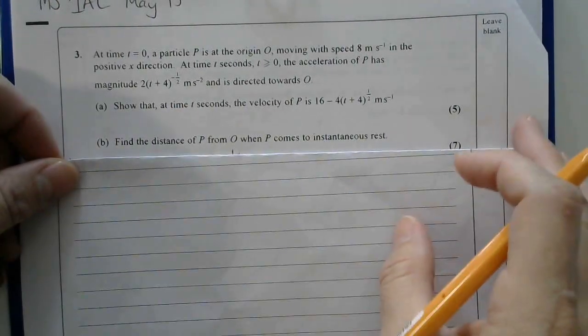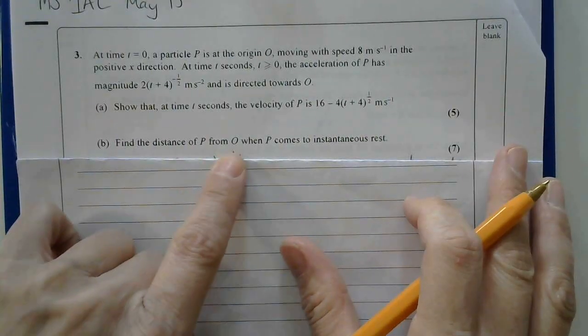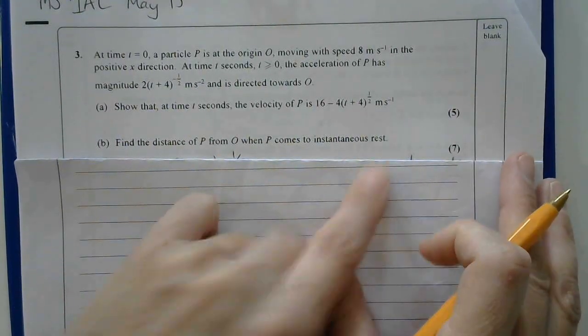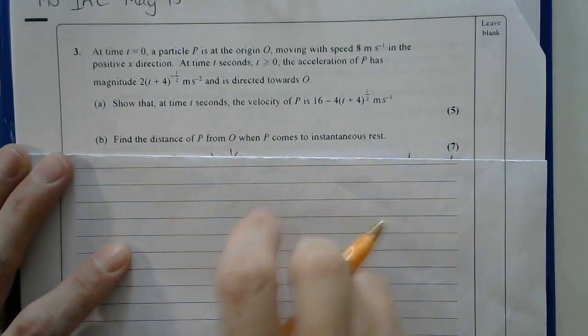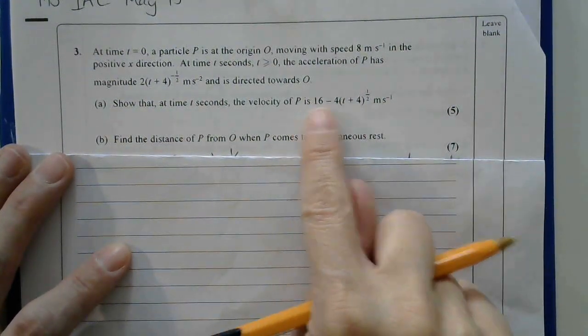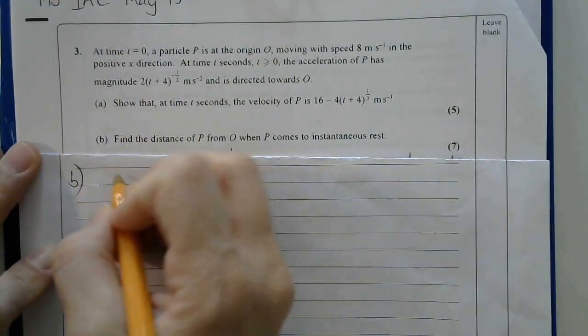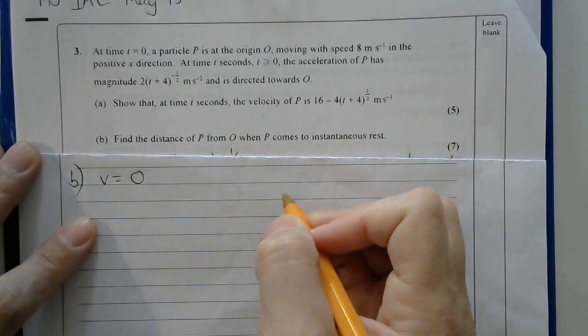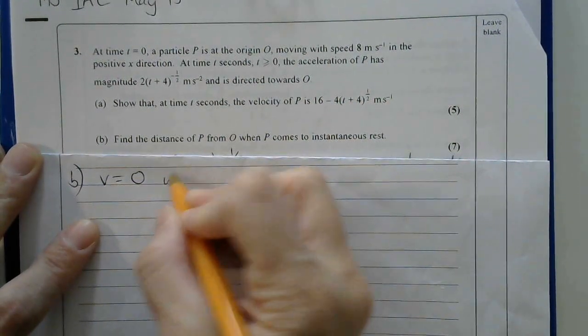So now in part B, I'm being asked to find the distance of P from O when P comes to instantaneous rest. So I know that the velocity is this, so I know that instantaneous rest means that the velocity is 0, and that happens when this expression gives me 0.